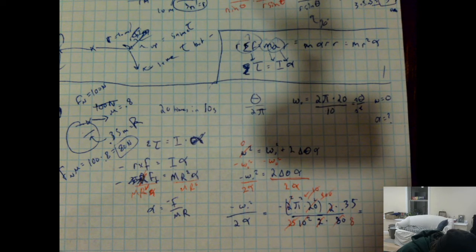This squared is going to be 400. 400 over 25 is going to get us a number, that's for sure. I think it's just 8. No, it's 16. And then 16 over 8 gives us 2. And then 2 times 0.35 is 0.75 radians.